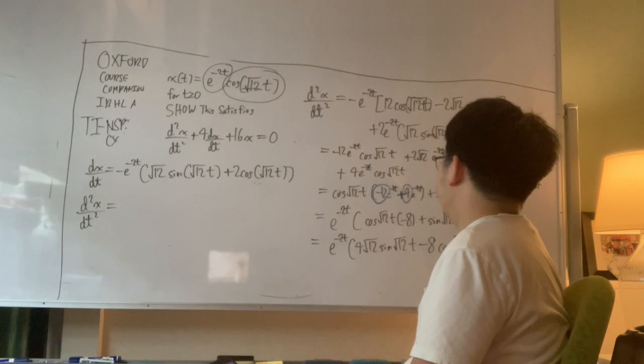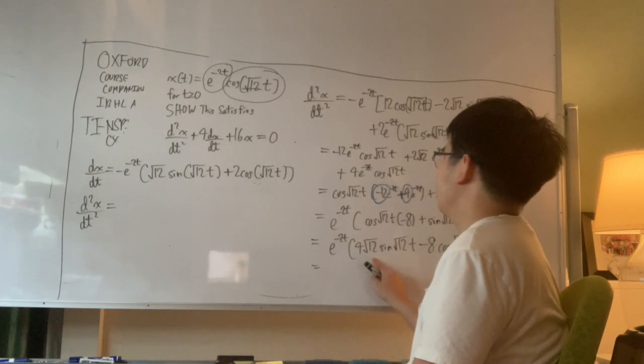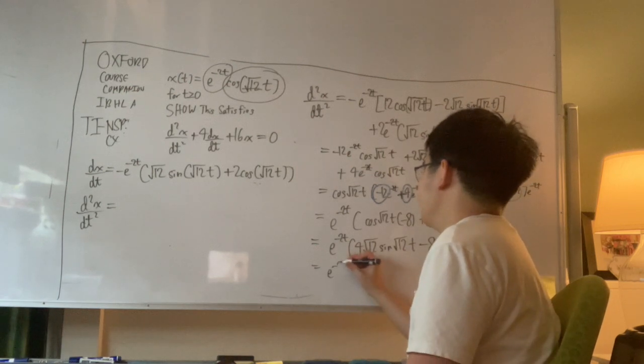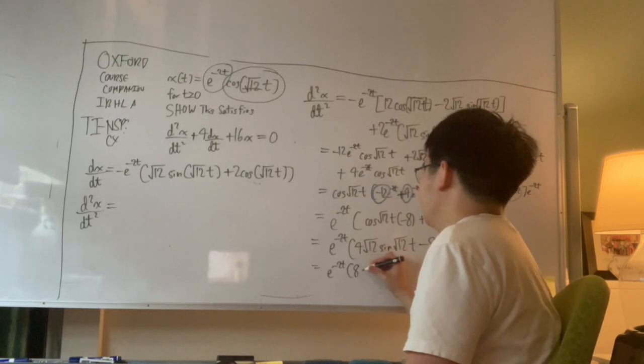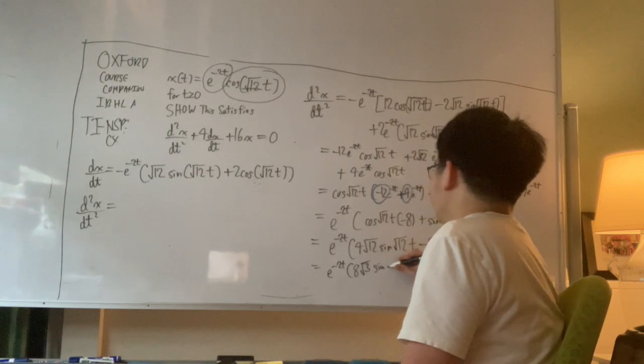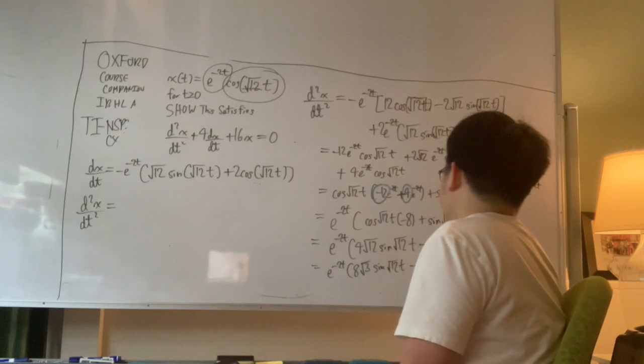If you want, I can simplify this radical. Square root of 12 is 4 times 3, so 2 root 3, 8 root 3. e^(-2t) times 8 root 3 sine of square root of 12t minus 8 cosine of square root of 12t.